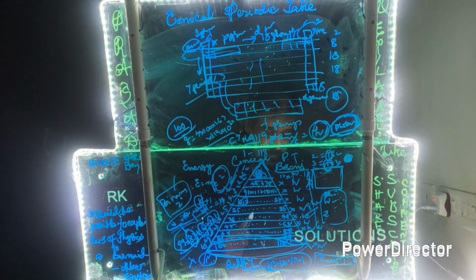That's something I came up with long back because this makes more sense than having this haphazard rectangular periodic table, where you have to push some of the elements down into a block, and only two are alone on the top, and two and six are separated.